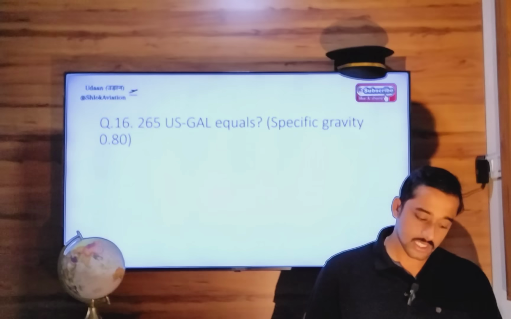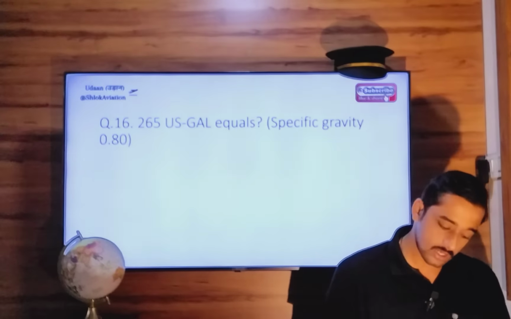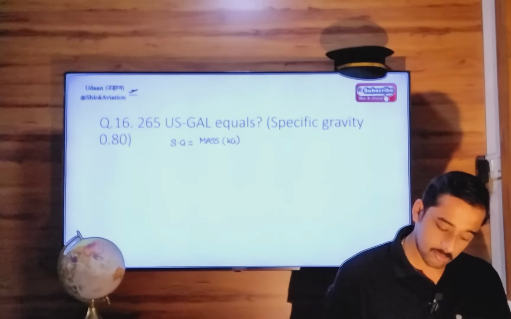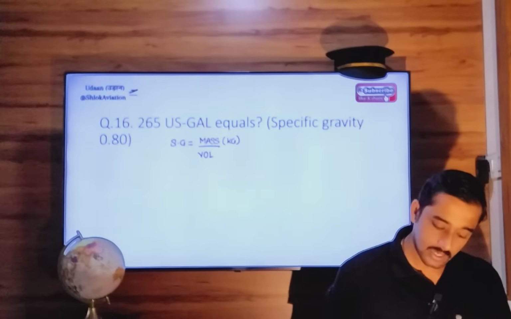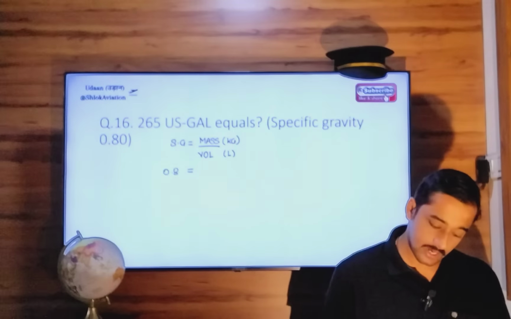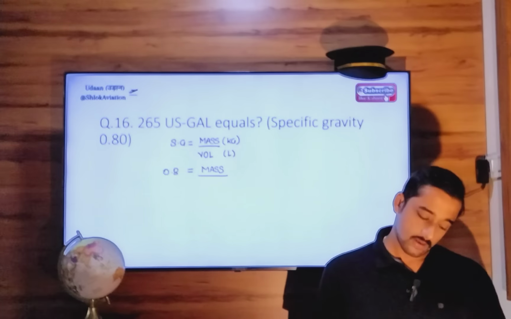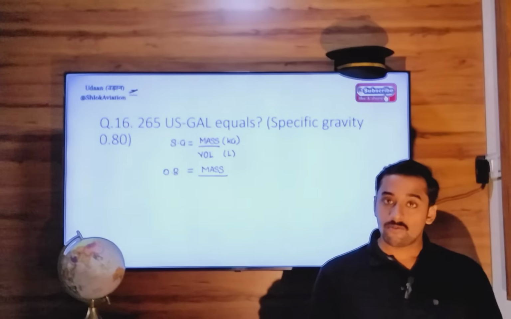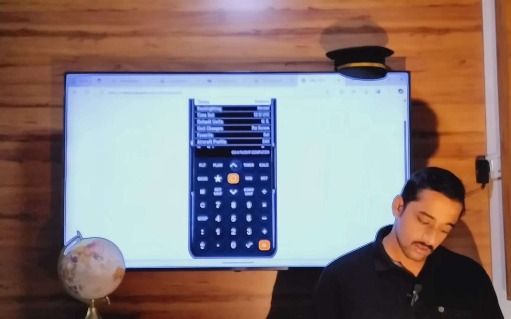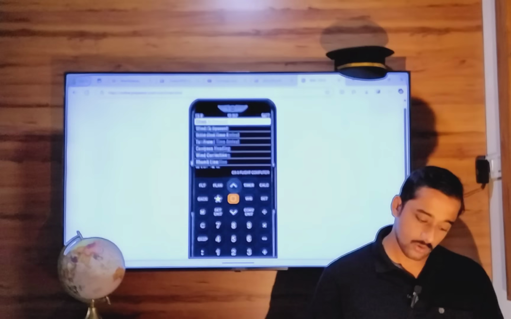Question 16. 265 US gallon equals to what? Specific gravity equals mass in kilogram upon volume in liters. Specific gravity is 0.8. We have to find out mass. Volume is 265 US gallon. Convert this into liter.